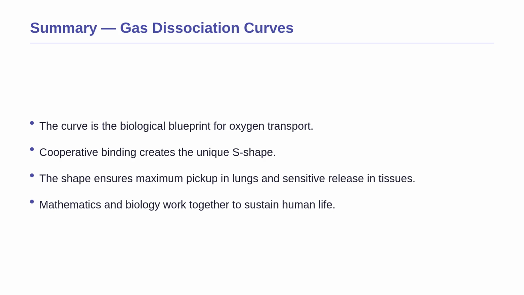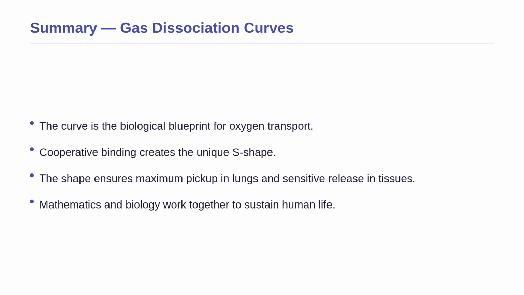As we conclude our lecture, let us review the key takeaways. The gas dissociation curve is the ultimate biological blueprint for oxygen transport in the human body. We learned that its unique S shape is driven by the cooperative binding of oxygen to hemoglobin. This specific shape is vital for our survival, ensuring maximum oxygen pickup in the lungs and highly sensitive oxygen release in the tissues.